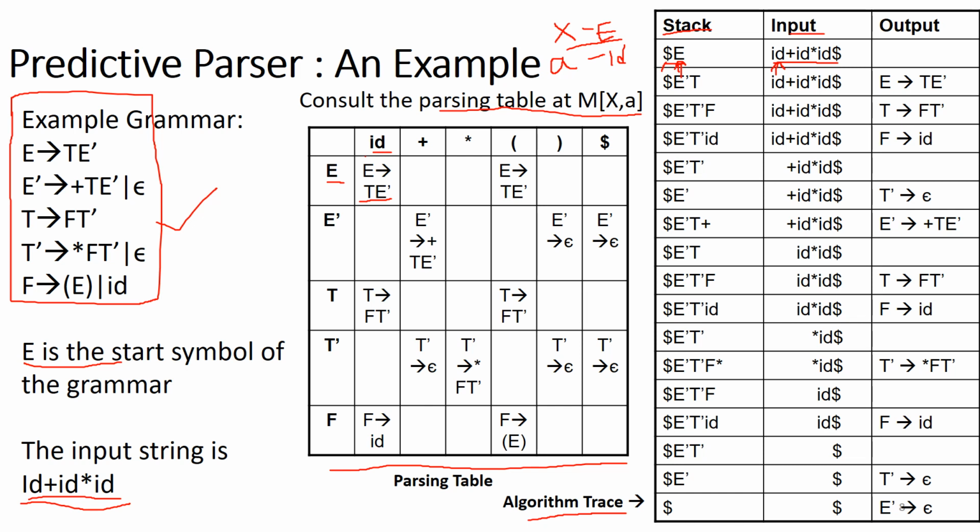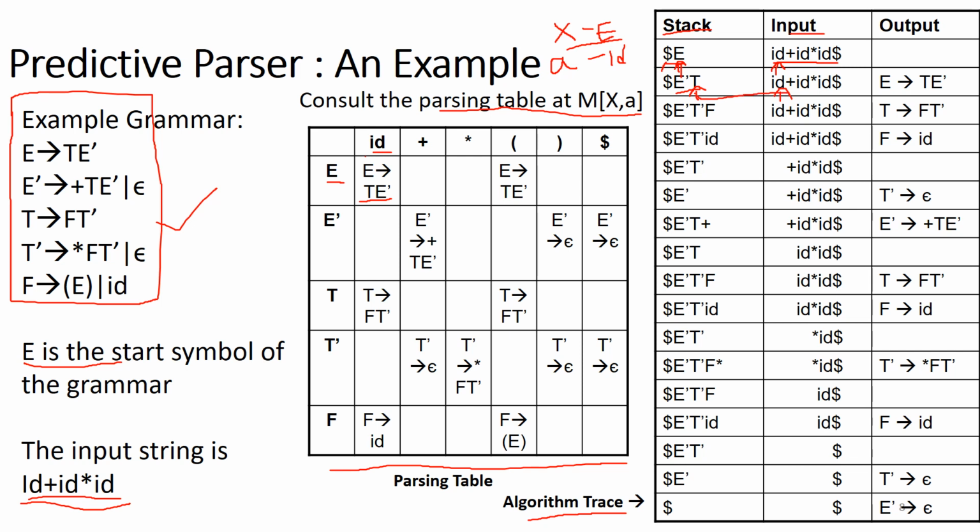TE dash is kept in the stack in the reverse order, because T must be coming at the top of the stack. So therefore E is replaced by E dash T, and now T is the top of the stack, and id is still the first symbol and the input symbol under consideration. So therefore X is equal to T and a is equal to id.